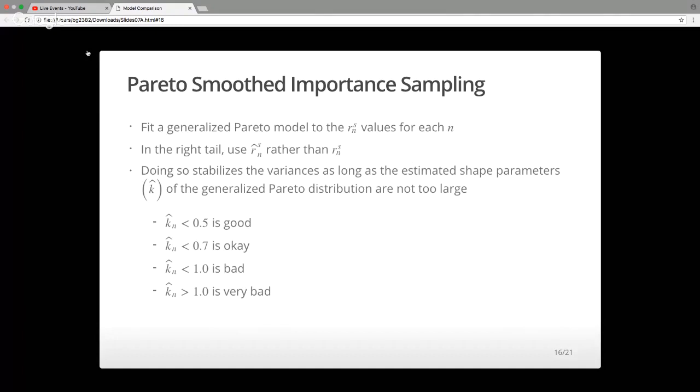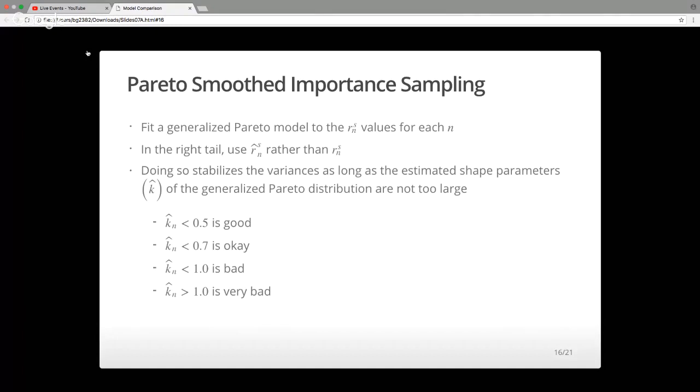And so we fit the Pareto model, and instead of using the raw R values that we get, we use the estimated R's that come from the Pareto model when they're sufficiently large. And doing so does a lot to stabilize the variance under an assumption, and this gets back to the assumption I was talking about earlier, that the estimated shape parameter of the Pareto distribution is not too large.